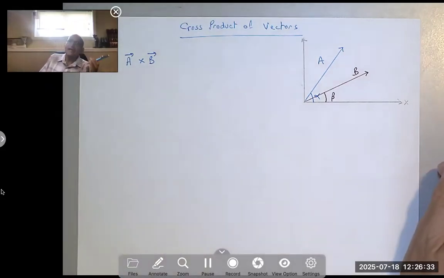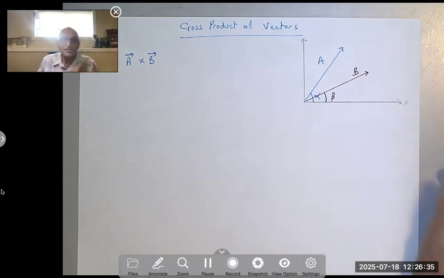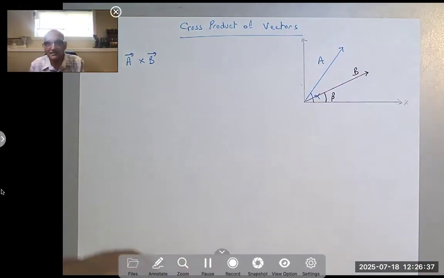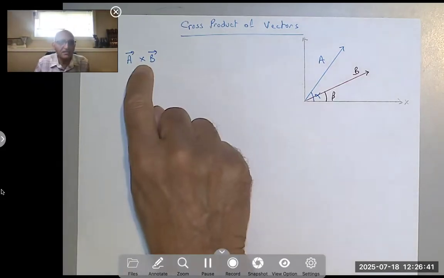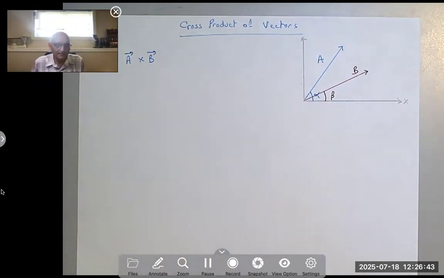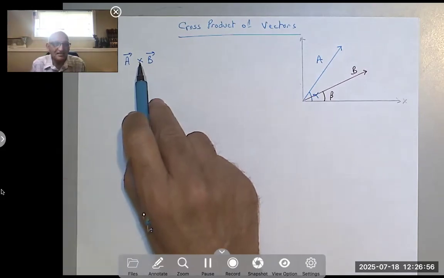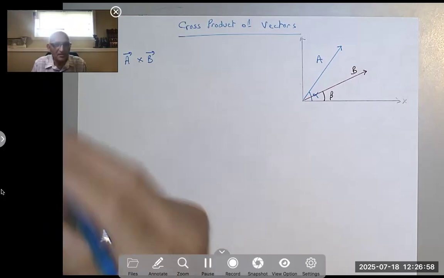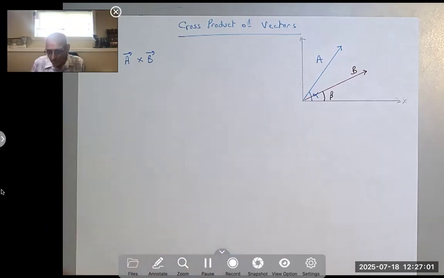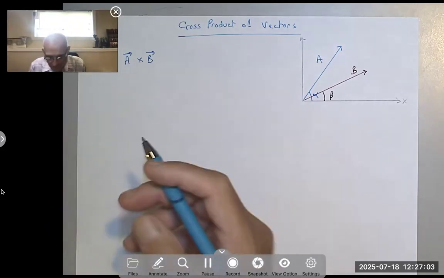If one of your parents or grandparents was an engineer and has engineering books, you may see the X here written as a caret. It's the same thing. The only reason is that in the old days when we printed books, you couldn't easily differentiate between an X and a times, and it would be a source of confusion.